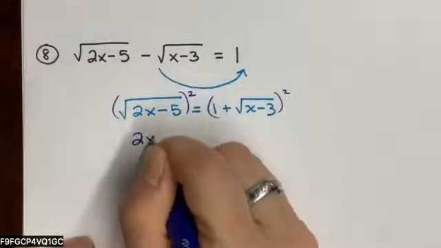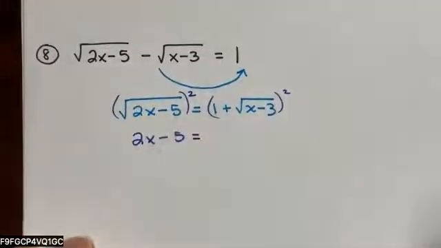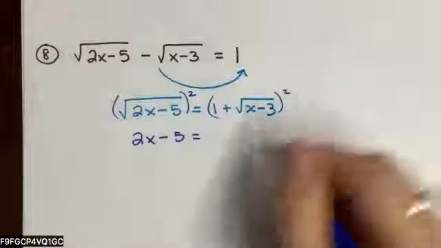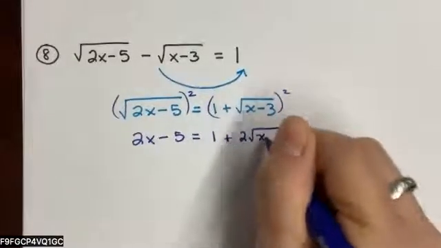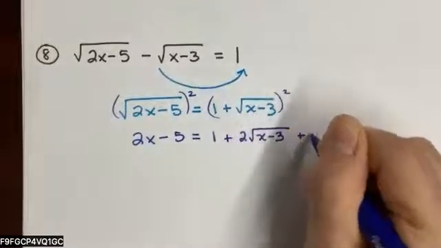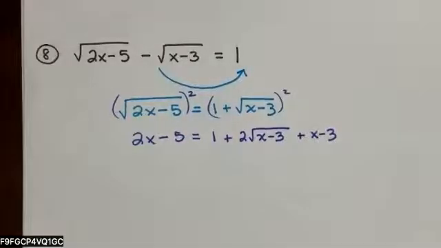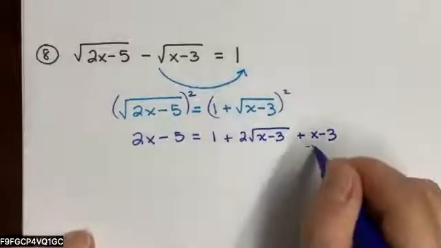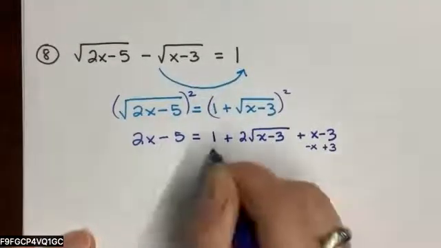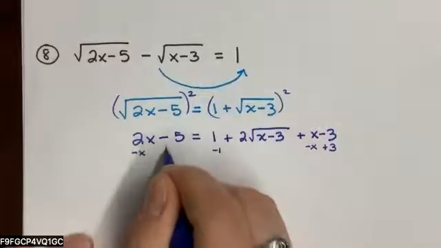So this side is going to turn out okay. This side, I'm going to box. And I'll have you trust me that that's how it turns out. Now I'm going to move everything over. So I'm going to subtract the x, add the 3, and subtract the 1.